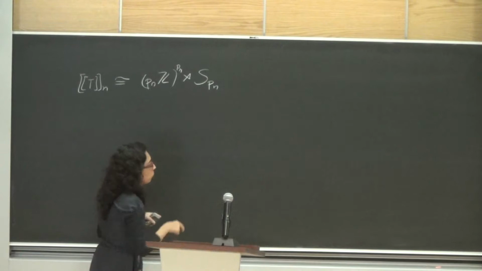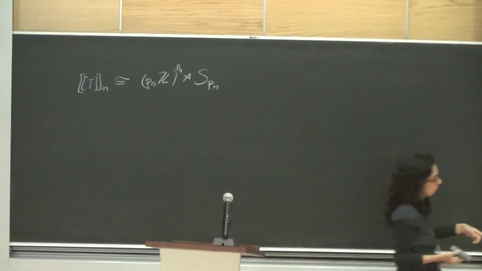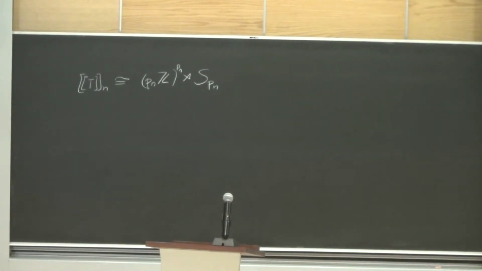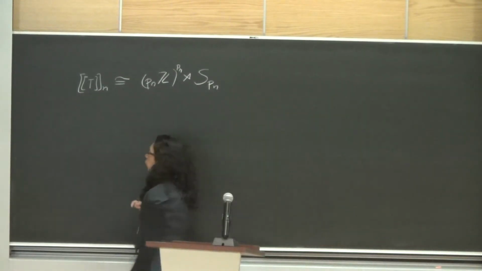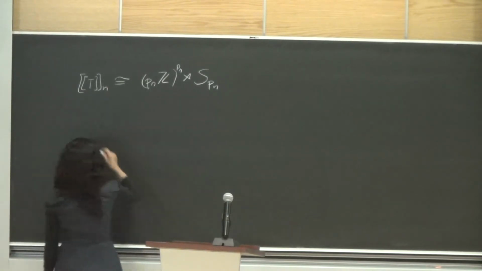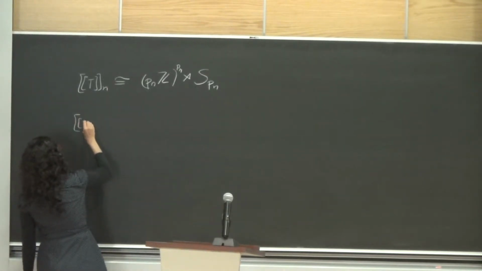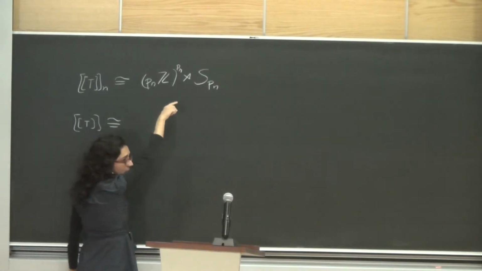And because we know that the group Tn is contained in the group Tn plus 1, we get that the dimension group, the topological full group of the odometer, will be isomorphic to a direct limit of these things.